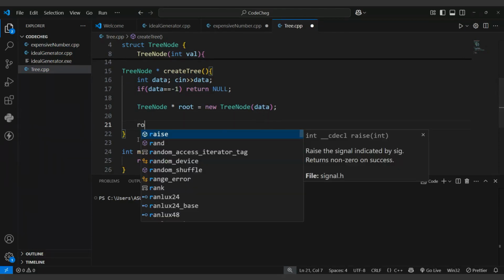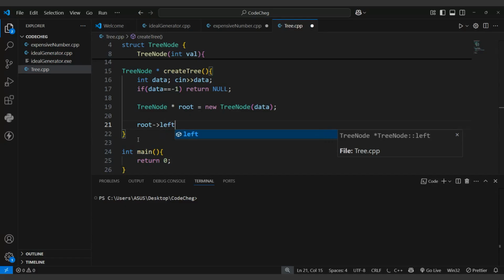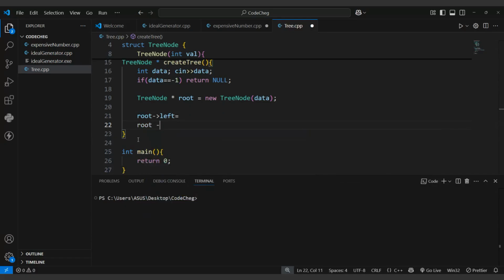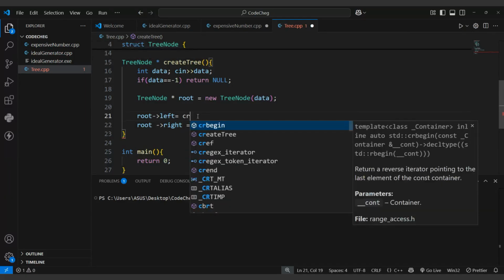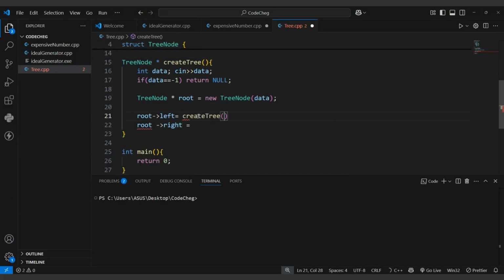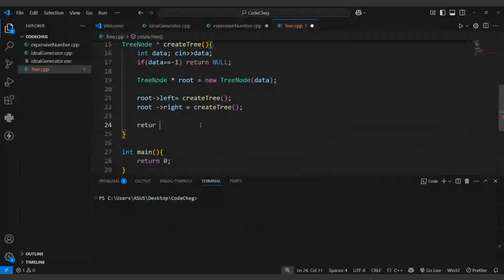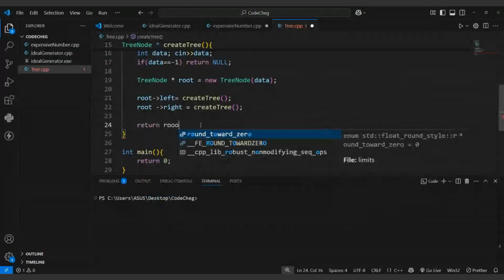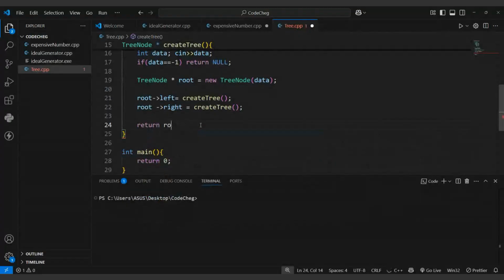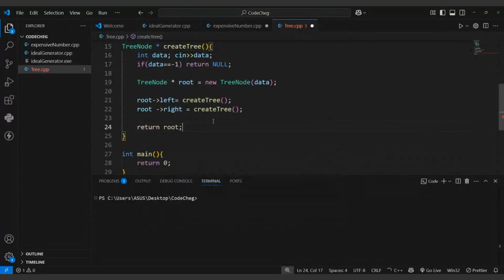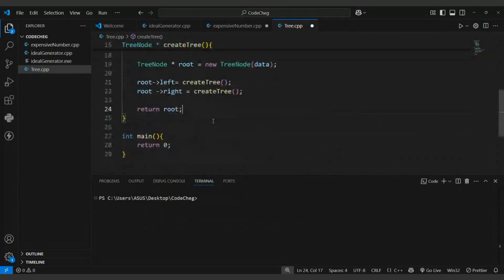Now in root left, do the same thing, and similarly in root right, call this function. In the end, return root.